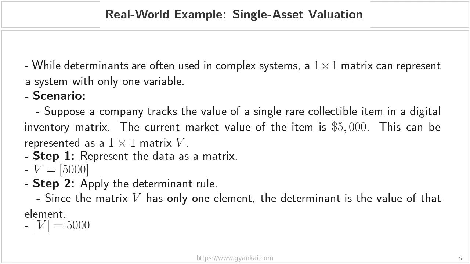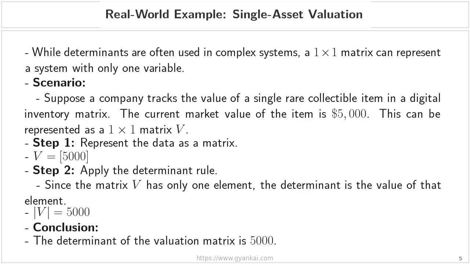Next, we move to step 2, apply the determinant rule. As we discussed in the previous slides, because this matrix V contains only one single element, finding the determinant is incredibly straightforward. The determinant of V, which we write as the absolute value of V, is simply equal to 5,000. In conclusion, the determinant of our valuation matrix is 5,000.